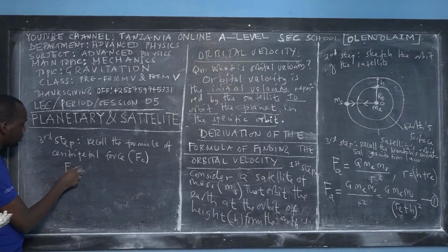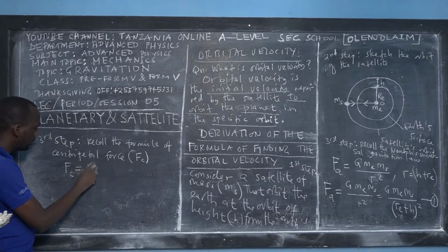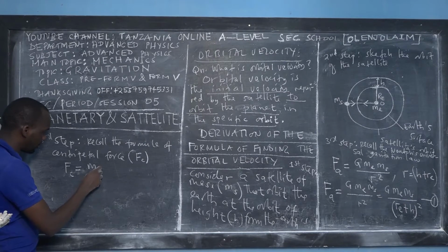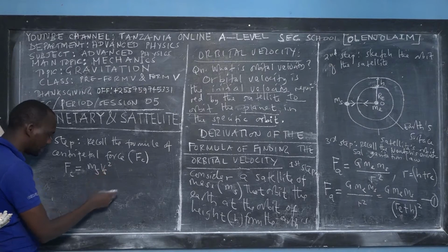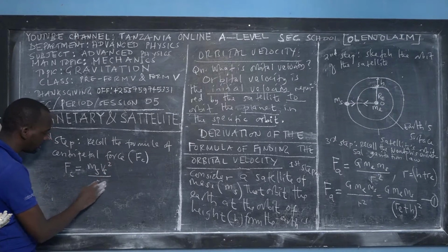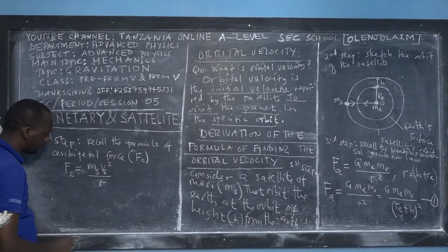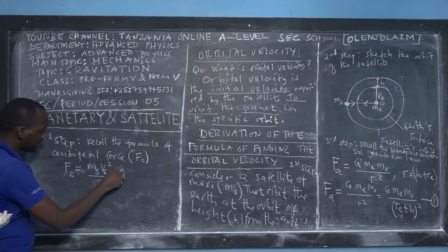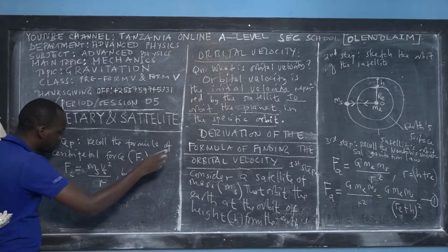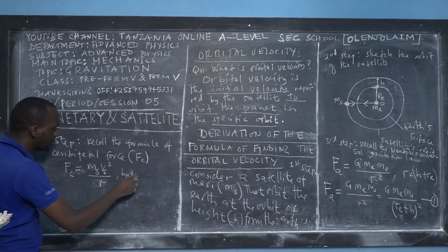From the previous lecture, the centripetal force is the mass of the body, for example, of the satellite, multiplied by the velocity of the satellite squared, over the radius, the radius of the satellite, right?